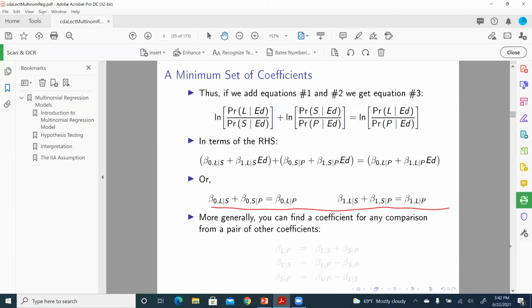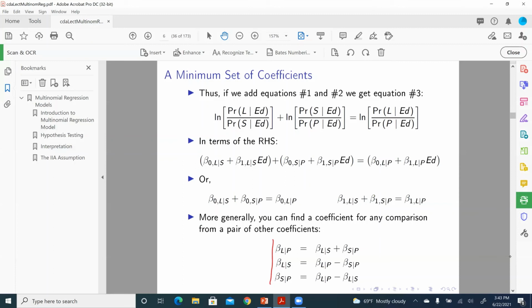More generally, you can find a coefficient for any comparison from a pair of other coefficients. Here, we have these regression coefficients from the multinomial logit models. And here, I'm talking about a generic variable, a single variable, but across different log of odds equations. I'm not talking about the relationship between different covariates.